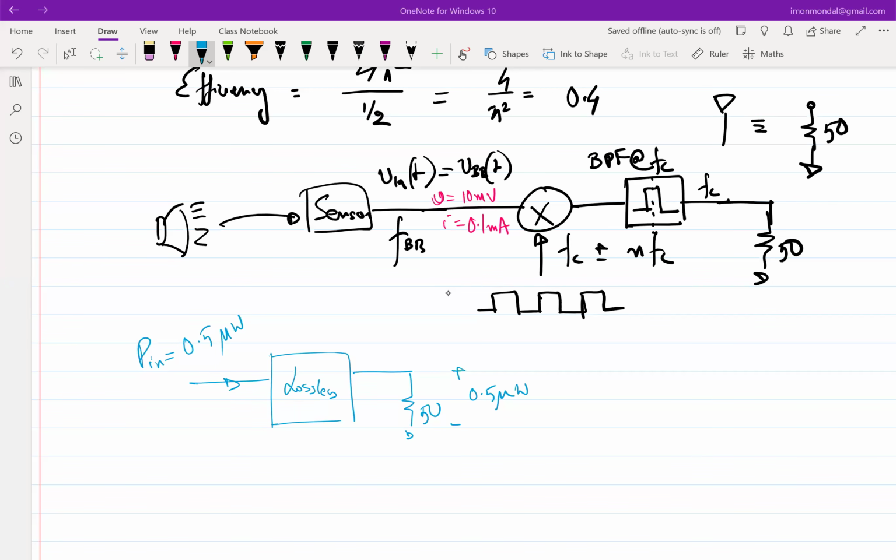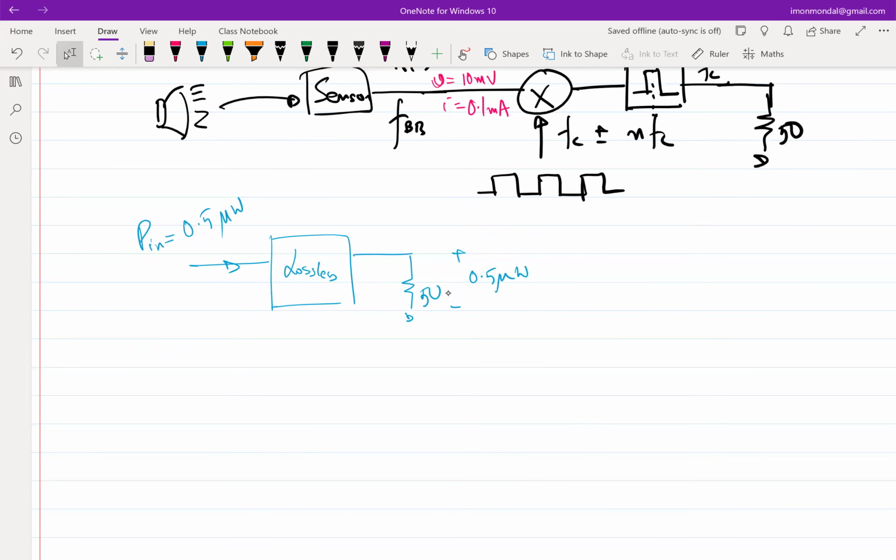Okay, so we were saying that we need to put an amplifier somewhere. Now, where you need to put an amplifier is a discussion that we can have later on, because that requires some system level nuances. But let's assume we need an amplifier. So somewhere we need an amplifier. So I'll just put an amplifier.